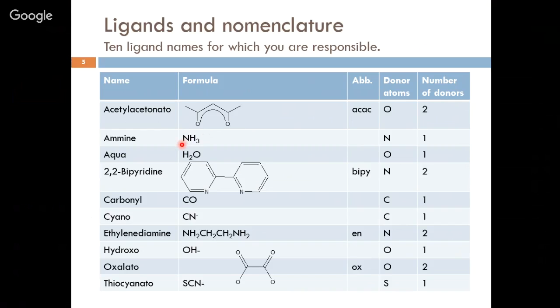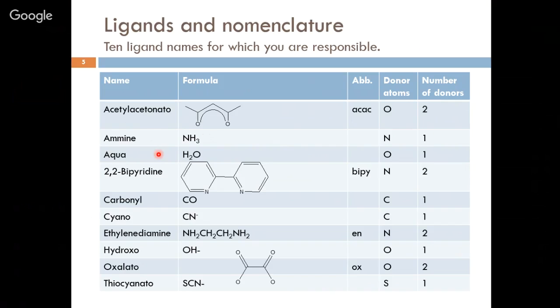We've talked about ammonia before. As a ligand, ammonia is called ammine, and it is spelled with two M's to differentiate it from an organic functional group, an amine group. So ammine is a ligand. It binds through the nitrogen, one donor group, it is a monodentate ligand.